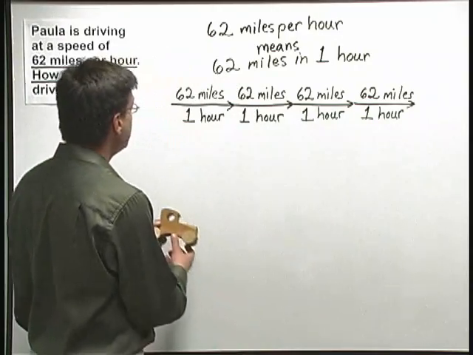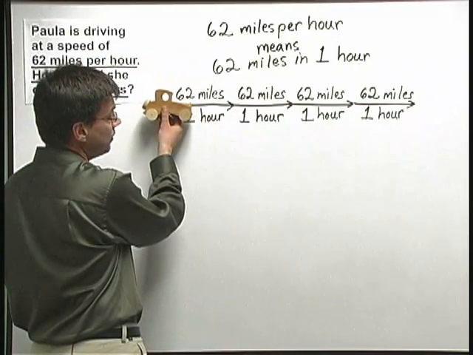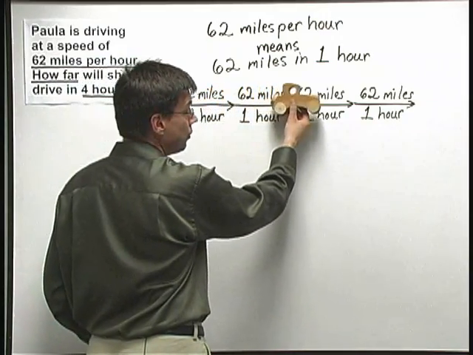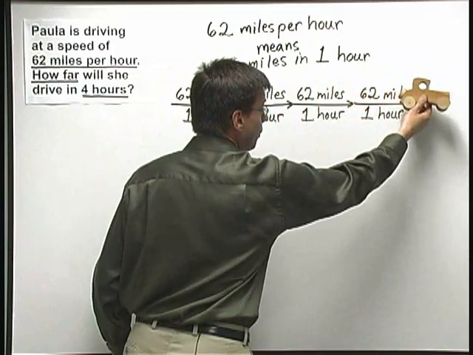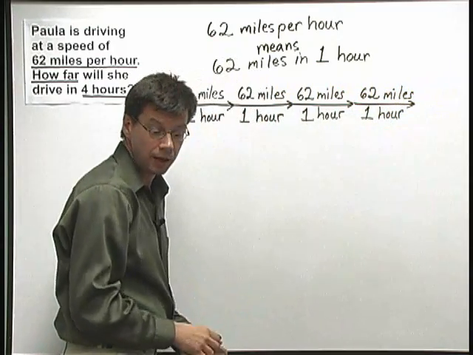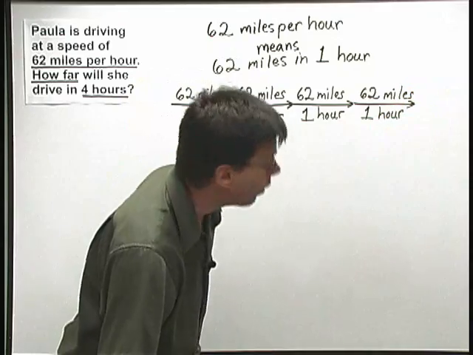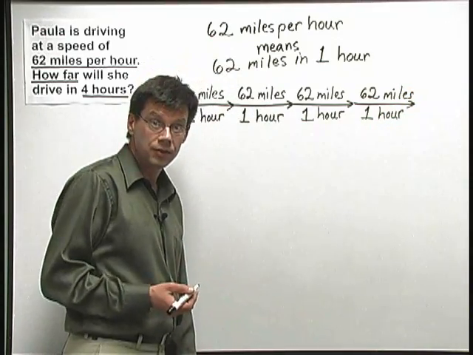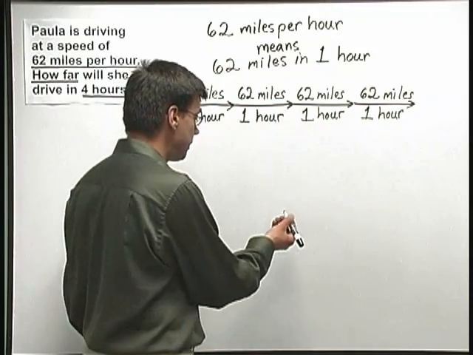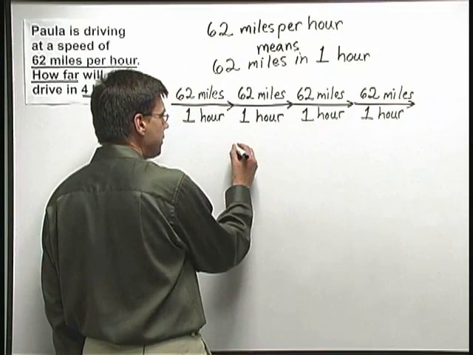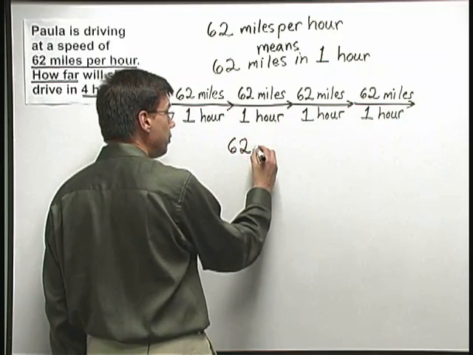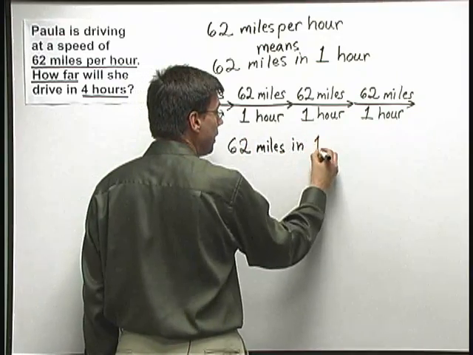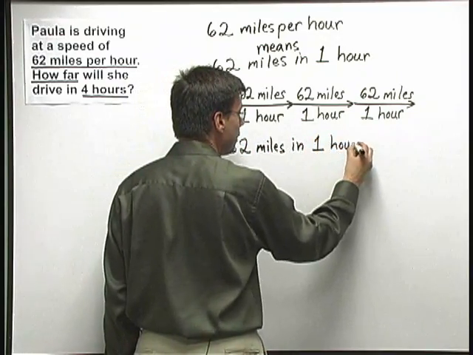So let's try to imagine this with a car here. Paula sets out and travels 62 plus 62 plus 62 more plus 62 more miles in a total of 4 hours. Let's add up the number of miles to see how far she actually went. So Paula started out driving 62 miles in 1 hour, her first hour.